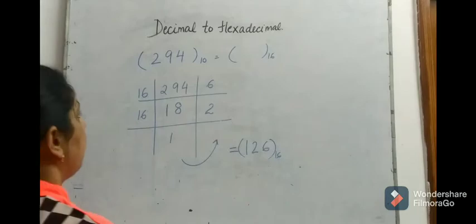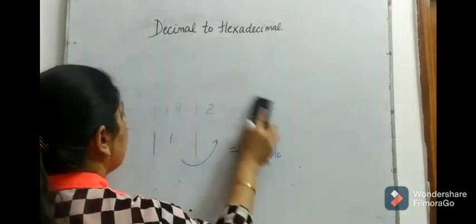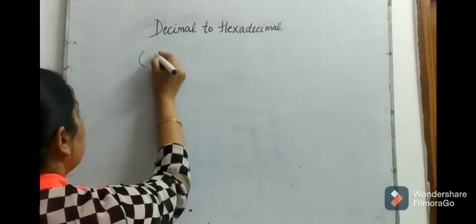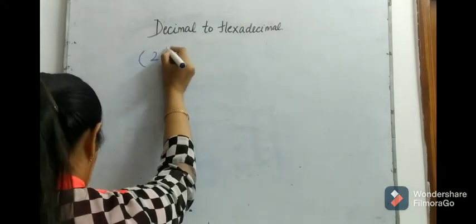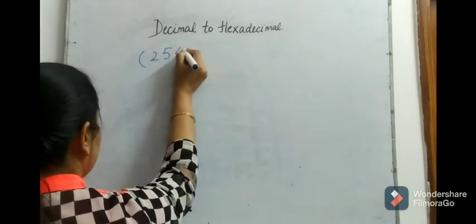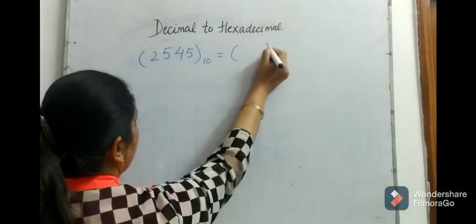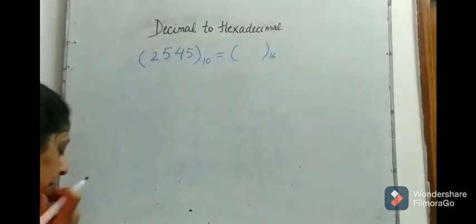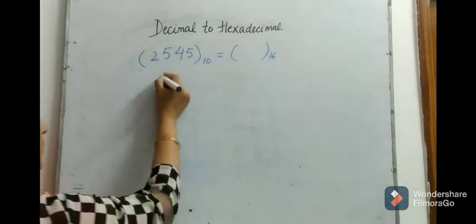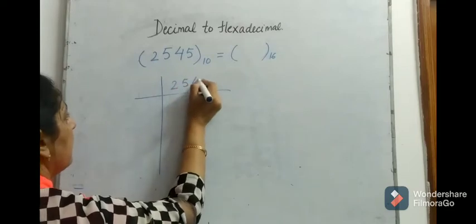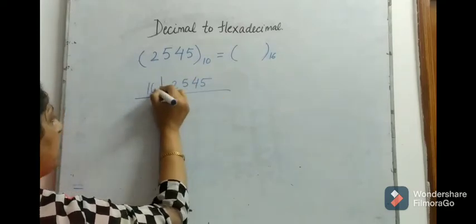Now let's see one more example. 2545. It's a 4-digit decimal number converted into a hexadecimal number. So if I divide 2545 by 16, what will I get?